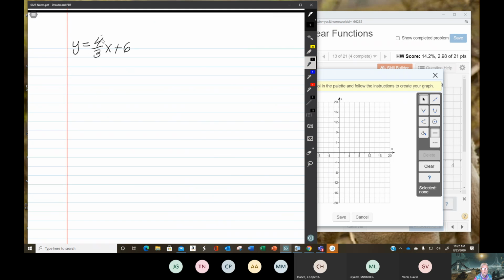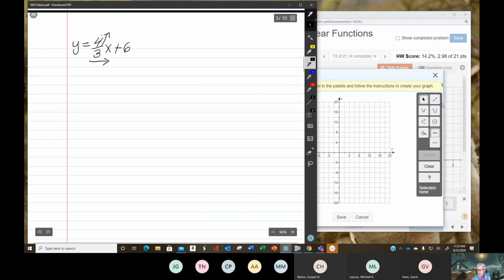The slope is telling me this: go up 4 because 4 is positive, and the top number is always a y number, a vertical number. The bottom number is an x number. A positive 3 means to go right. So here's my strategy. I'm going to click on 6, and then I'm going to count up 4 and to the right 3 and click again.